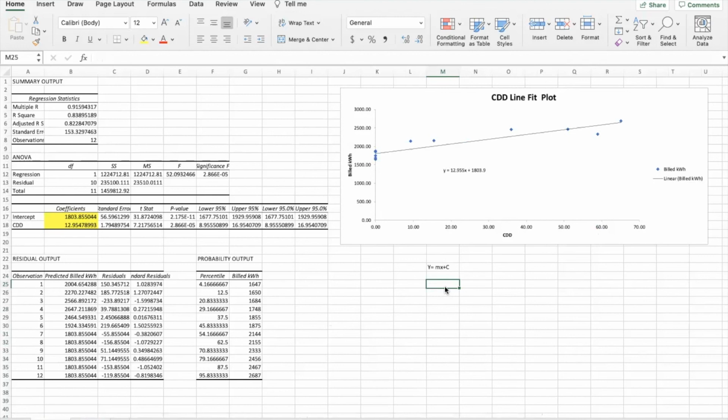The predicted value we can obtain from this equation. And how we obtain this equation is by putting in the output of the data analysis, the value of the intercept and the slope. We can have this equation.